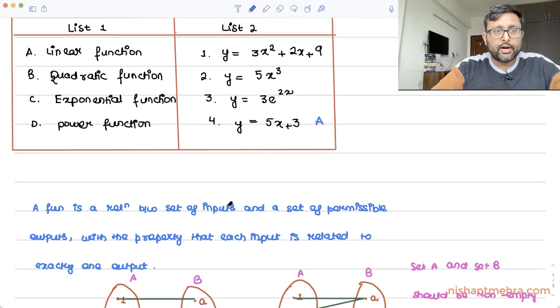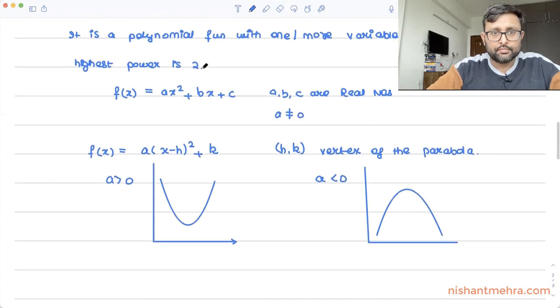So for the quadratic function, you look at this, and of course this is b. That's right. Then what about the exponential function?